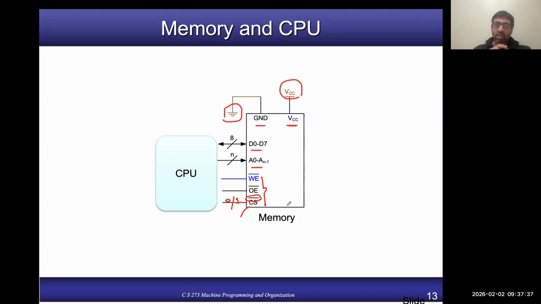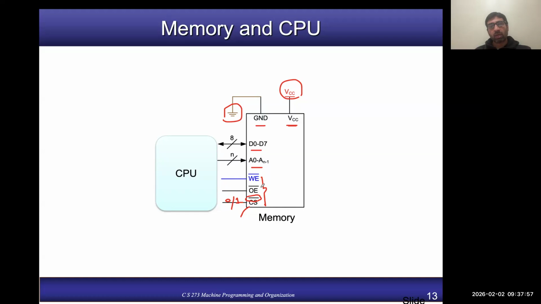So whenever any signal has a bar on top of it, it means that it is active low. It will achieve its purpose when the value on the input line is 0.